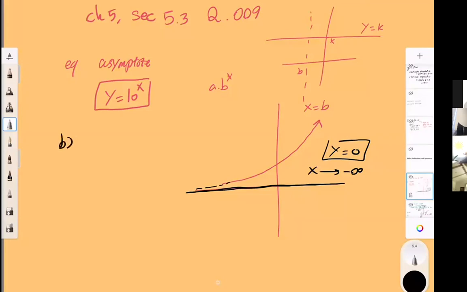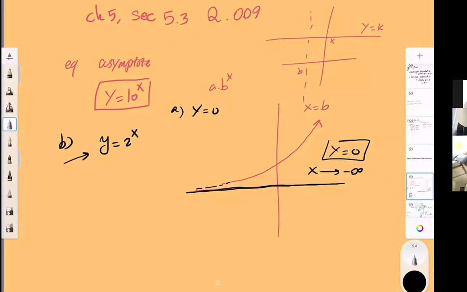Part B, so part a is y equal to 0. Part b, y equal to 2 to the power of x. What do you think about this one? What is the asymptote for this? y equals 0.